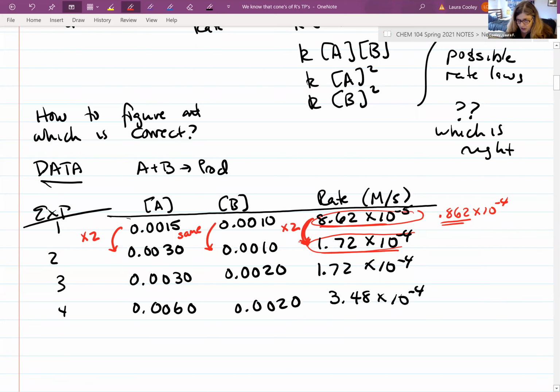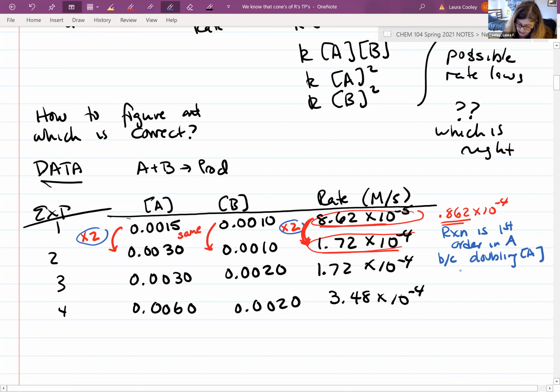So when you have a change in exponent, you have to be pretty careful. All right, so that's times 2. That's good for that one. So we know by that doubling A doubles the rate. So the reaction is first order in A, because doubling the concentration of A doubles the rate. Okay, we talked about that last time.